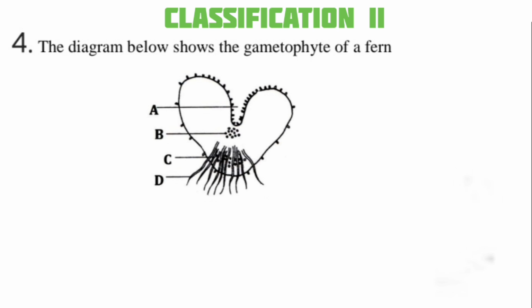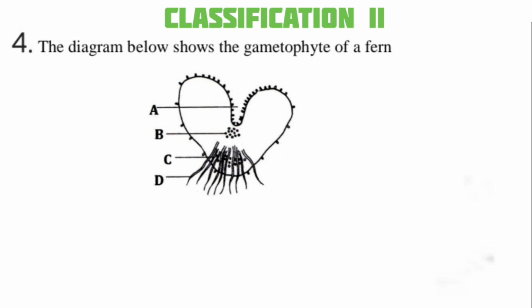I said a simple, small, heart-shaped structure called a prothallus. Doesn't it fit that characteristic? It does. So, as we discussed before, the gametophyte is responsible for production of gametes. Now, the prothallus plays an important role in sexual reproduction, because it contains the reproductive organs which produce the gametes.